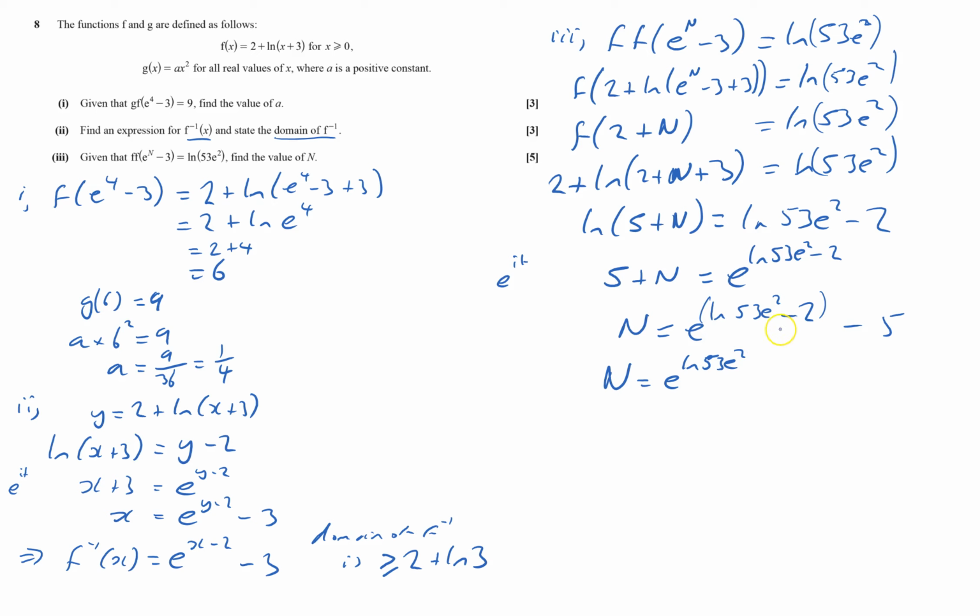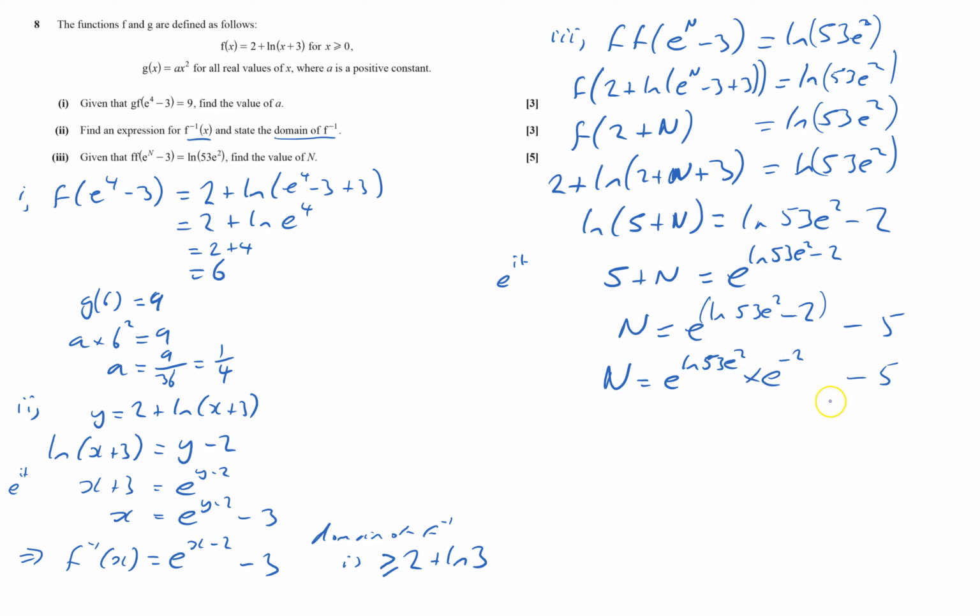Okay, this bit here, so n equals e to the ln 53e squared, and then times e to the minus 2, because we've got the index here, we've got subtracted, and if we add these two indices because they're multiplied together, that will give us that.